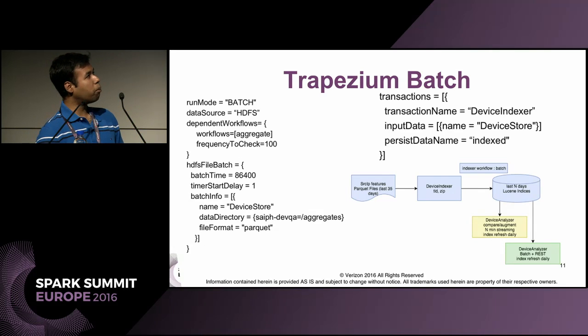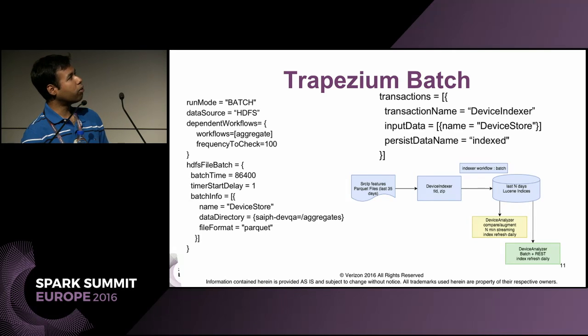Now let's go a bit into the Trapezium Batch workflow that I have shown. This is how you write a configuration. It's simple type safe configs. So in this case, you were saying that your data source is an HDFS-based source, and you were saying that this particular workflow, which I'm talking about as an indexer workflow, depends on one more workflow called aggregate.